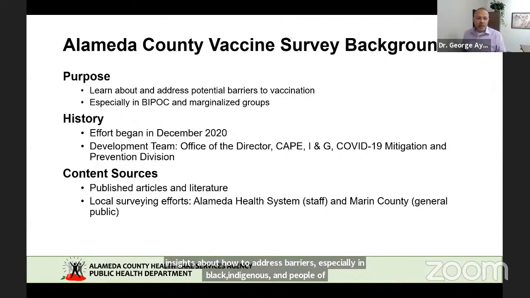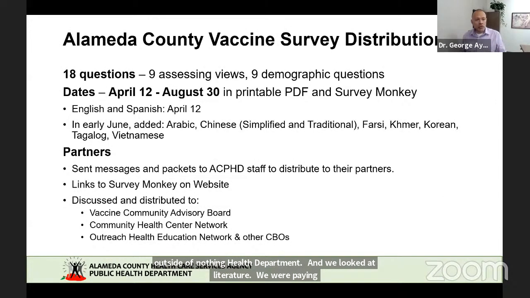A big team came together from across the health department and even outside the health department. And we looked at literature, we were paying attention to other surveys that were in the field that we knew about.